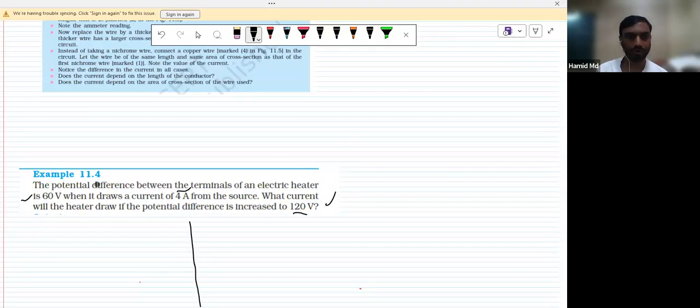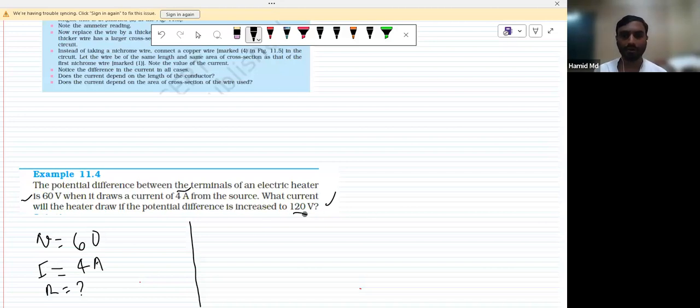The potential difference between the terminals of the electric heater is 160 volt, and the current is 4 ampere. Then we will find the resistance. The one quantity that is missing is resistance.